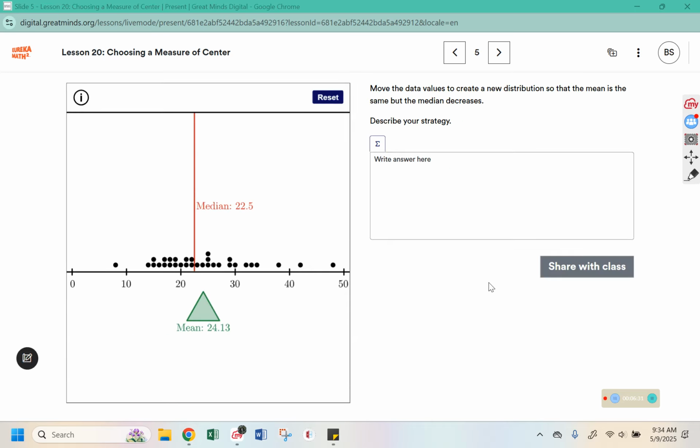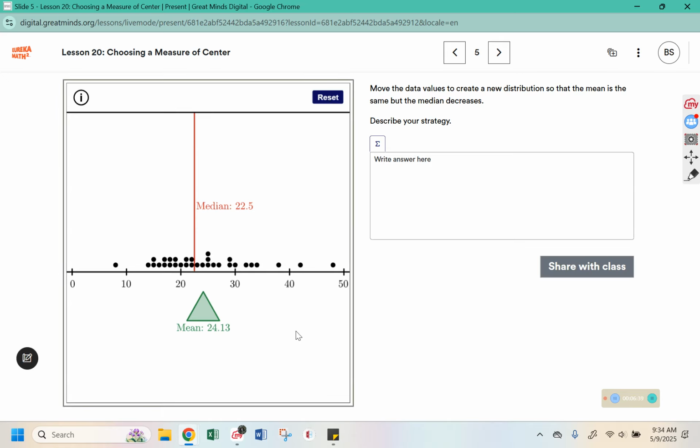Move the data values to create a new distribution so that the mean is the same, but the median decreases. Describe your strategy. Let's see, if I move this here, then I'd need to move one of these higher to make the mean match, but then the median's the same again.